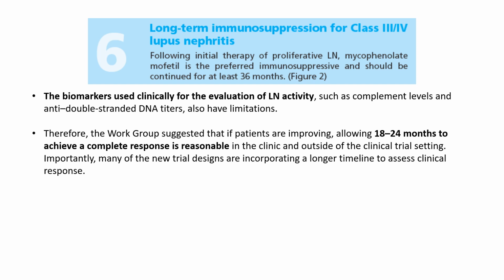Therefore, the KDIGO work group suggested that if patients are improving, allowing 18 to 24 months to achieve a complete response is reasonable in the clinic and outside of clinical trial settings. And as I mentioned in previous slides, the minimal duration of treatment for this case must be not less than 36 months.